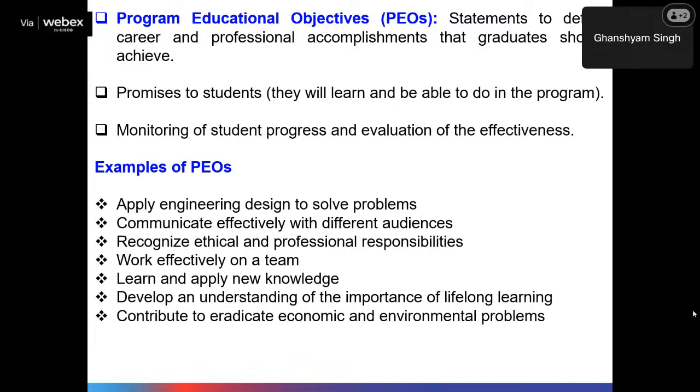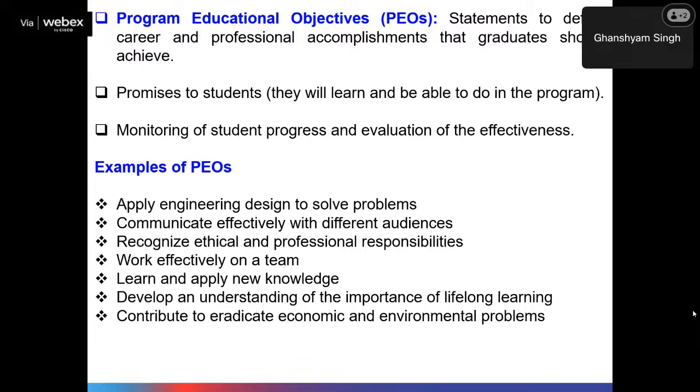Some examples of POs are: how should we apply engineering design to solve problems? How should our students be able to communicate effectively with different audiences? How will they recognize ethical and professional responsibilities? Can they work effectively on a team? How can they learn and apply their knowledge to new fields? Can they develop an understanding of the importance of lifelong learning?